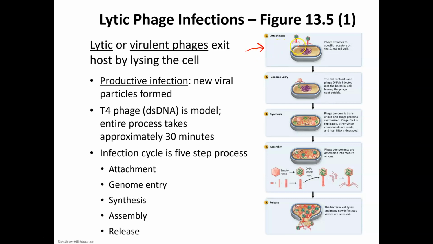The bacteriophage binds to the cell, and then it's going to release its genome, so its DNA or RNA, into the cell. At this point in a lytic cycle, the genetic information takes over the cell's machinery and starts producing lots and lots of small phage particles that are going to eventually become new bacteriophages.